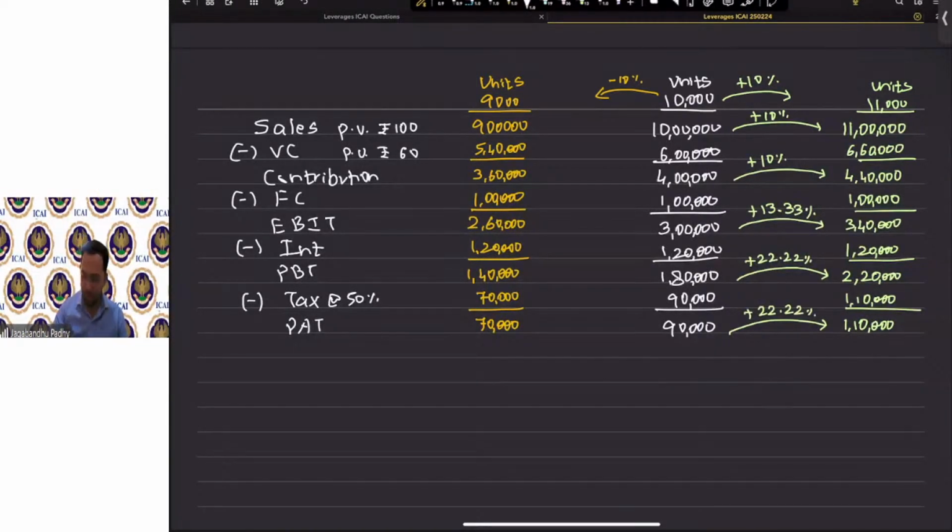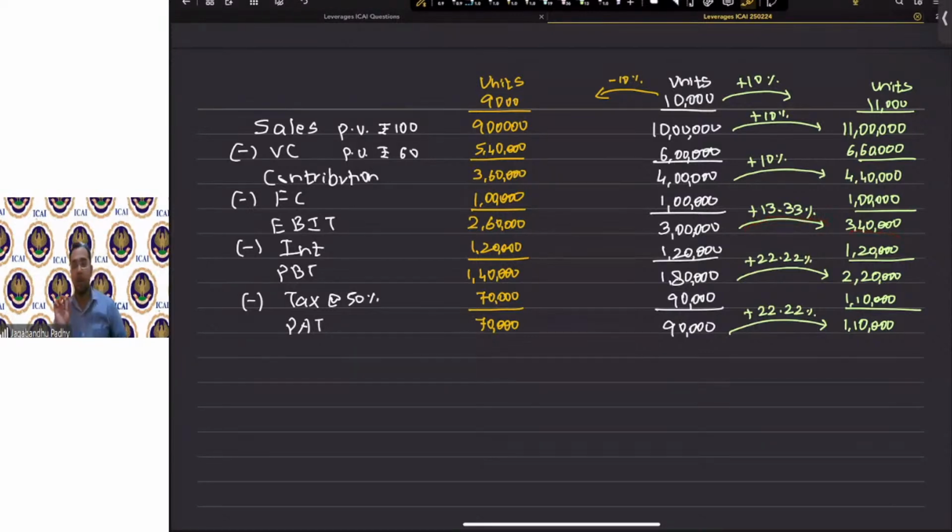Now, this is what I was talking about: leverages. When you put in a small effort, say 10% effort to increase sales from 10 lakh to 11 lakh, the resultant impact on EBIT is 13.33%.